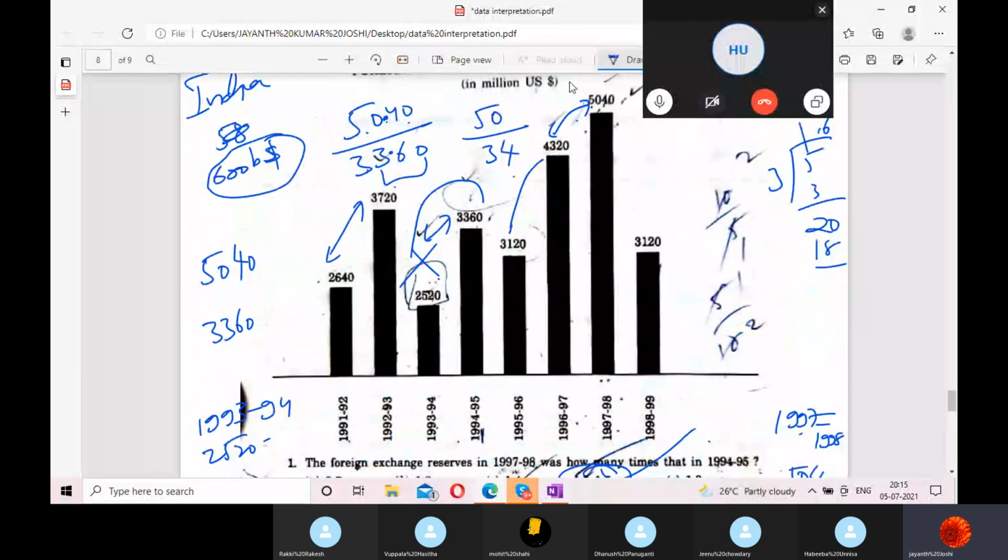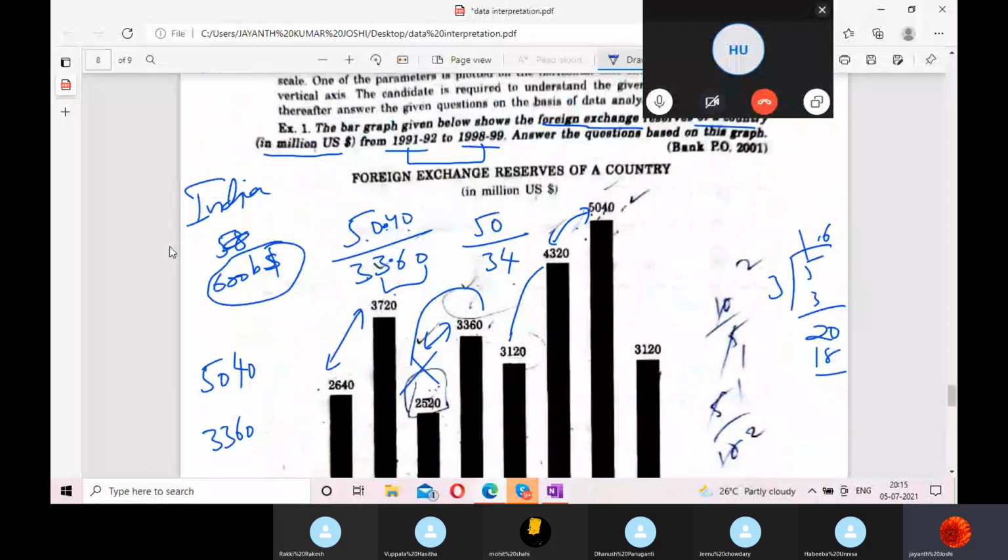You take approximate figures. See, you only take 26 here. Plus you take 37 here. Plus 25. Plus 34, because 33.6, plus 31, plus 43, plus 50. So find out the average of this by 7.